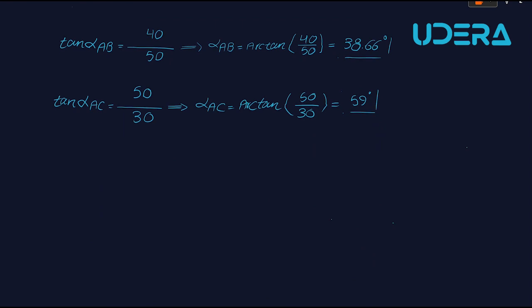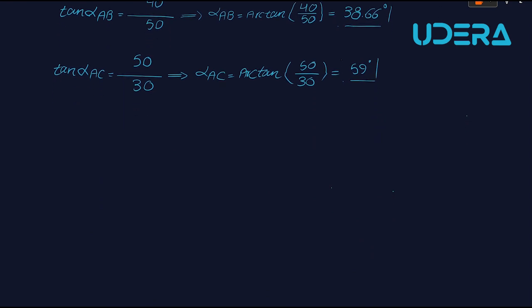So this is point A. Now I know the angles. This is TAC times sine of alpha AC, and this is TAB times sine of alpha AB.